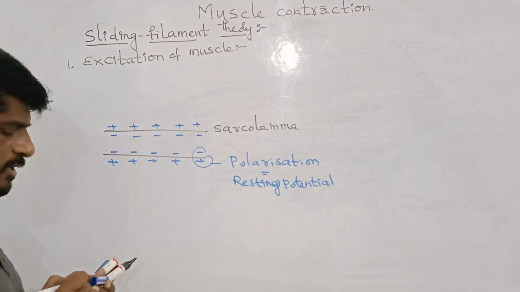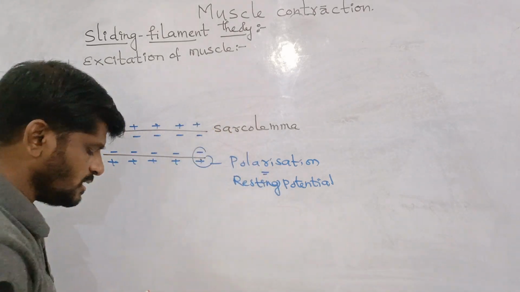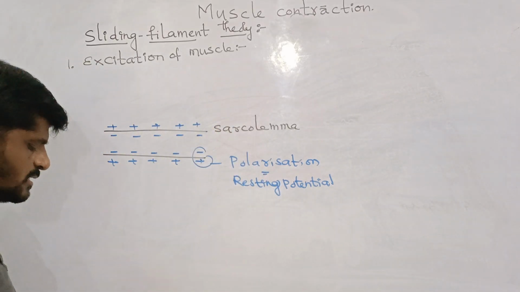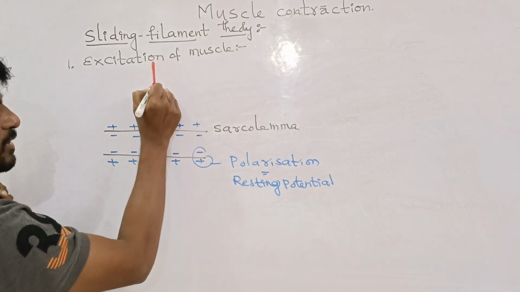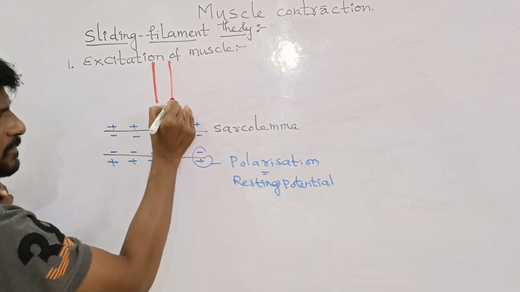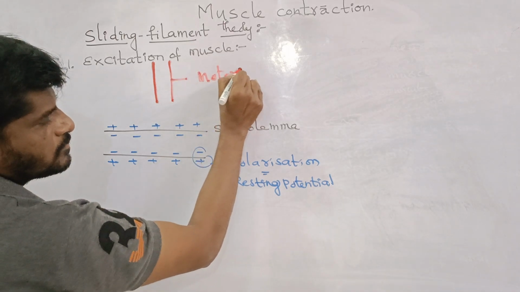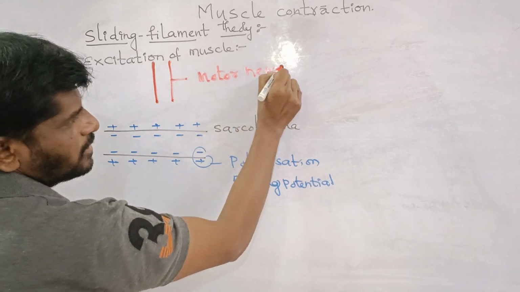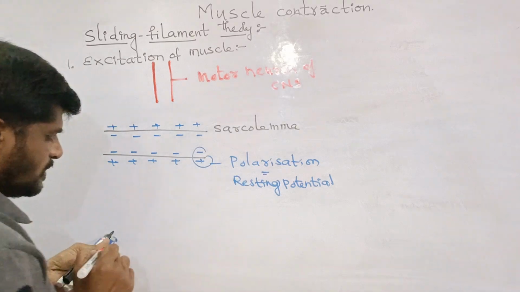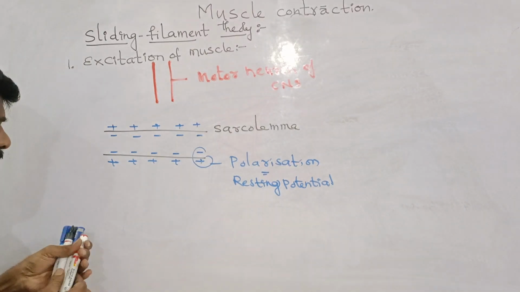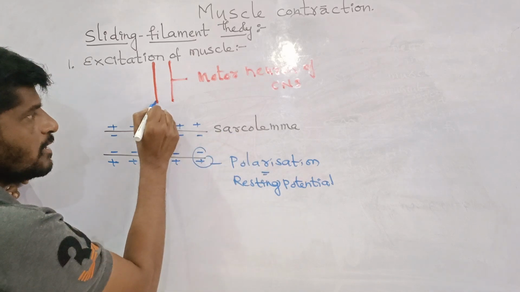Polarization or resting potential. A muscle staying in the resting potential can be stimulated by the motor neuron. This is the motor neuron of the central nervous system, stimulating the sarcolemma at the motor end plate. I explained it previously.